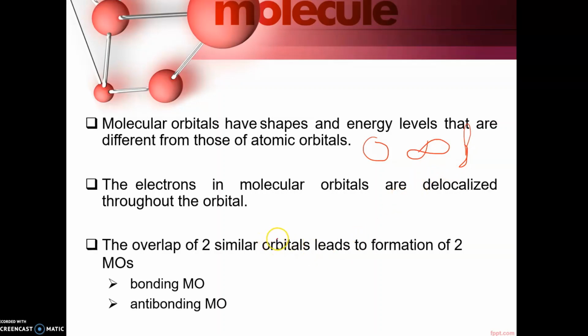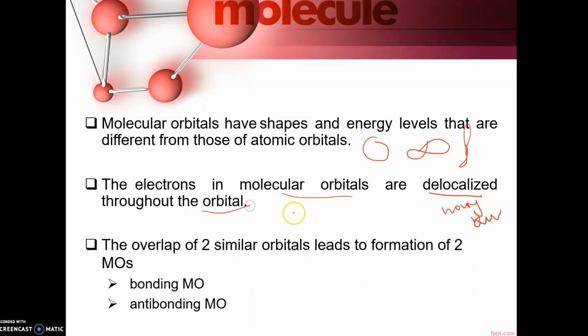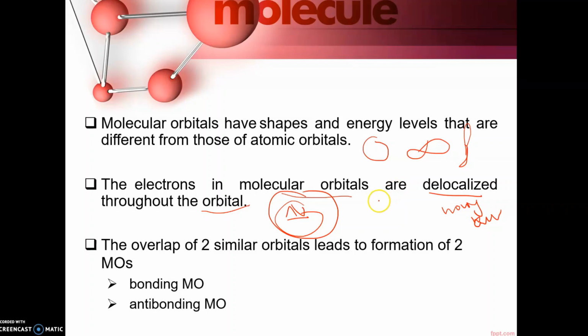The electrons in molecular orbitals are delocalized throughout the orbital, meaning they move around throughout the orbitals. Before this we know that in atomic orbitals the electron is localized in that orbital only, but for molecular orbitals it is delocalized.